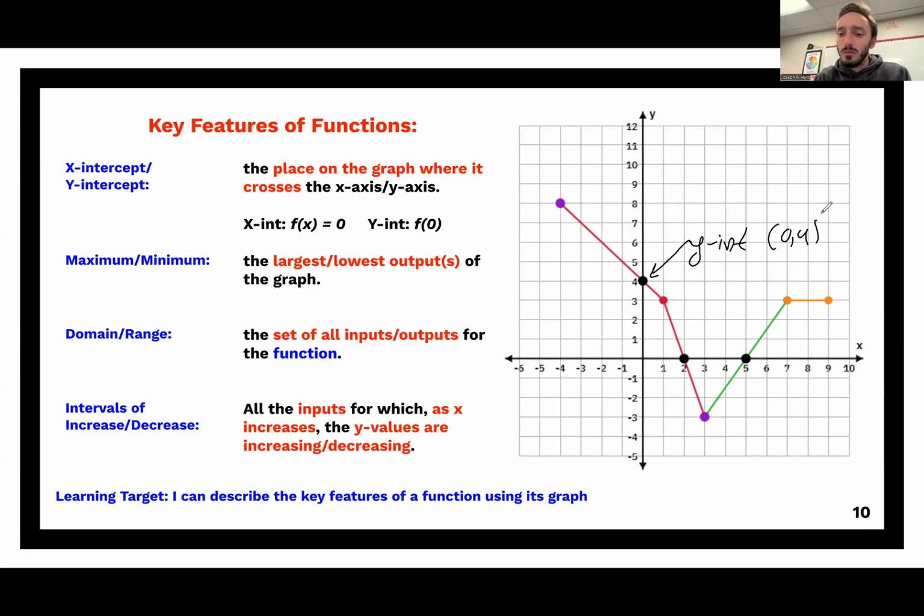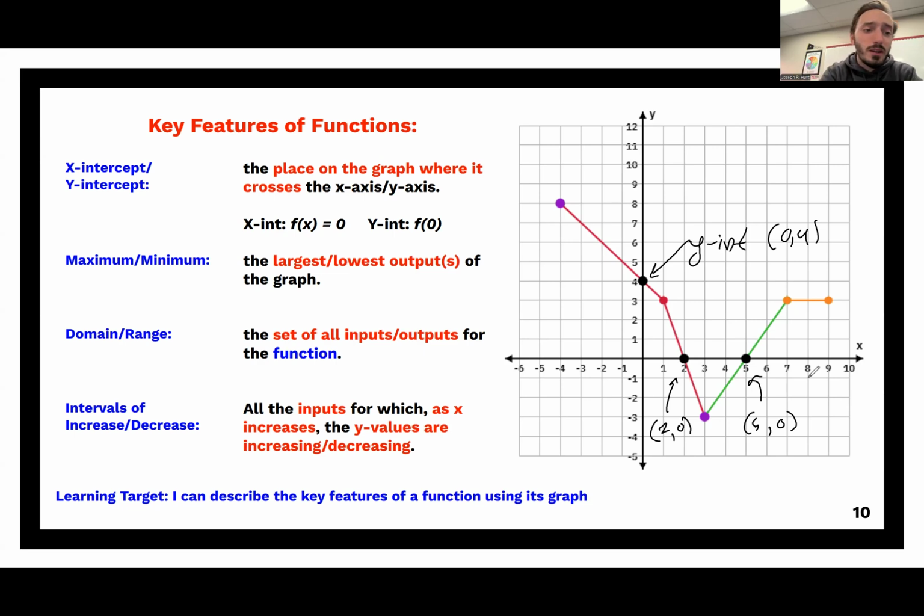The other thing that we're also going to be interested in talking about are the x-intercepts. So these places where we're crossing the x-axis instead of the y-axis. And what you'll notice there is that the x-coordinate is always something, but the y-coordinate is always 0. And that's because to be on the x-axis, you can't go up or down at all. You have to have that y value of the coordinate to be nothing.